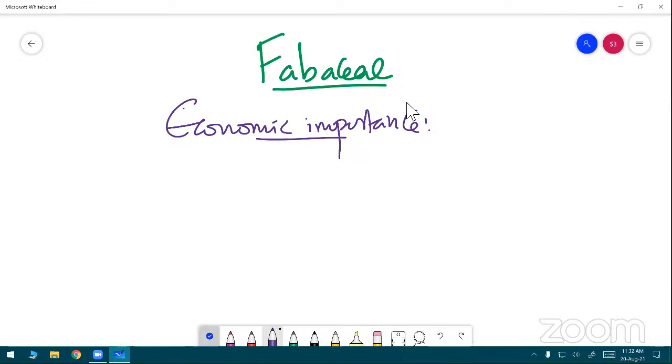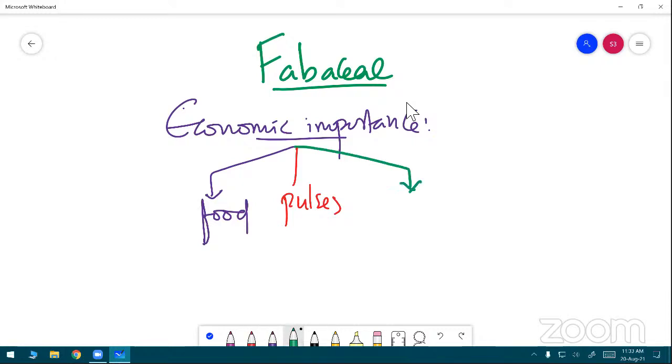There are so many plants of Fabaceae used by man. There are several categories. The first category is food plants, and the next category is pulses, the third is oil plants, and the next is fiber yielding plants.